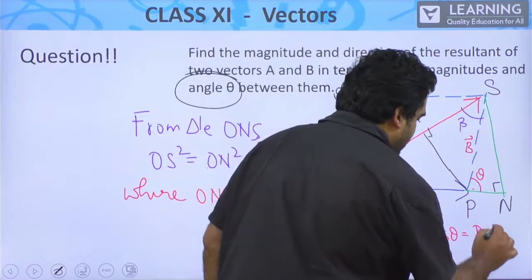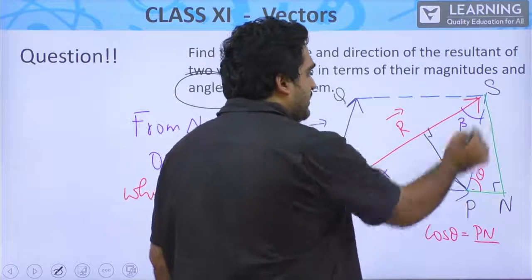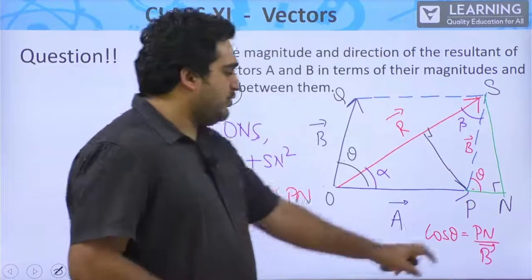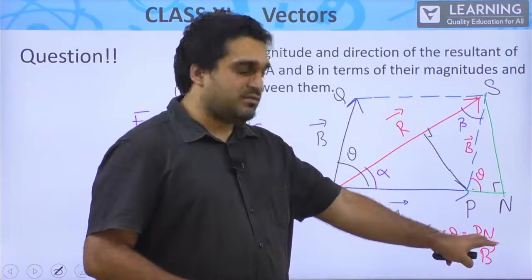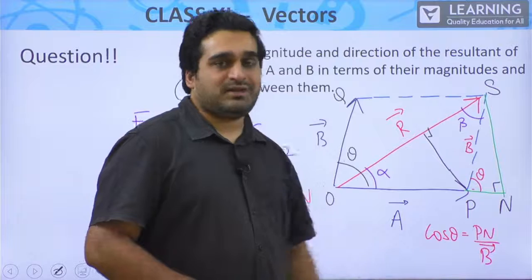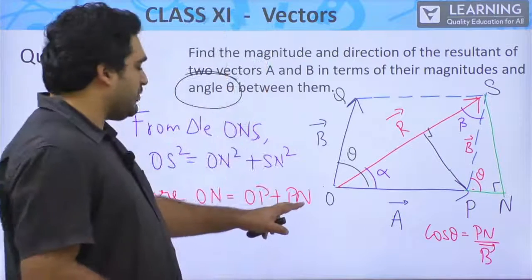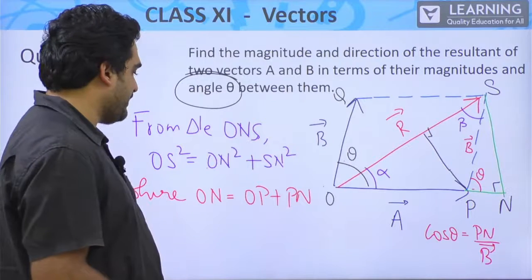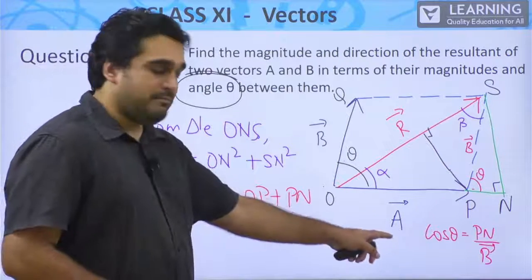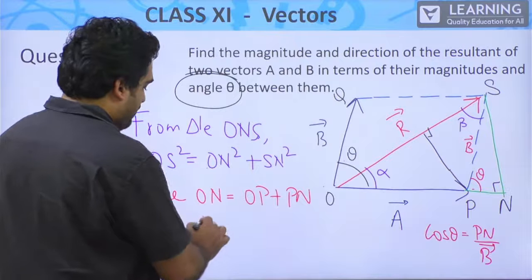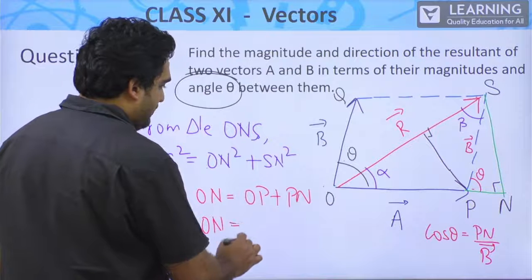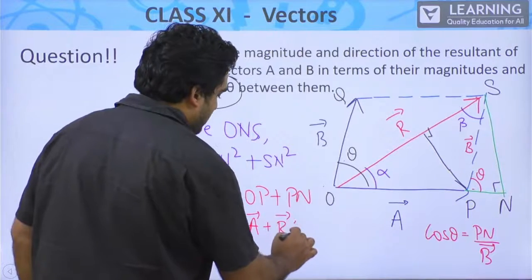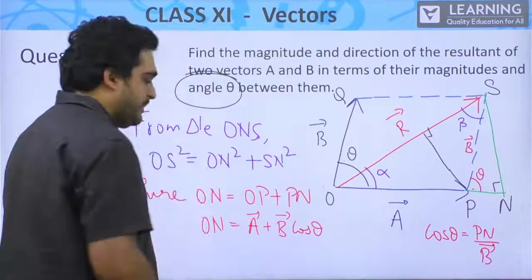Base is PN, hypotenuse is B vector. So what will PN be equal to? B cos theta. OP is A, PN is B cos theta. So ON is equal to A plus B cos theta.